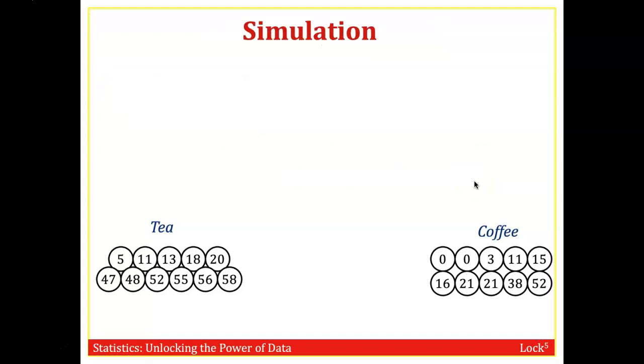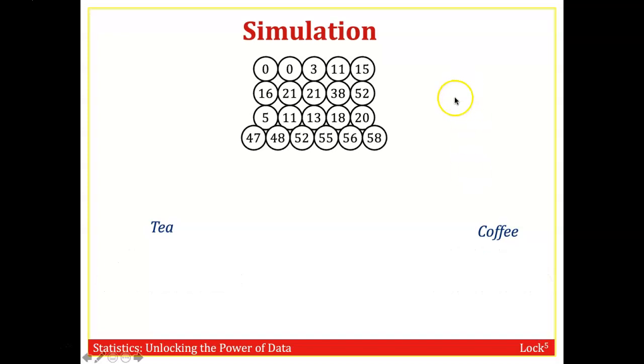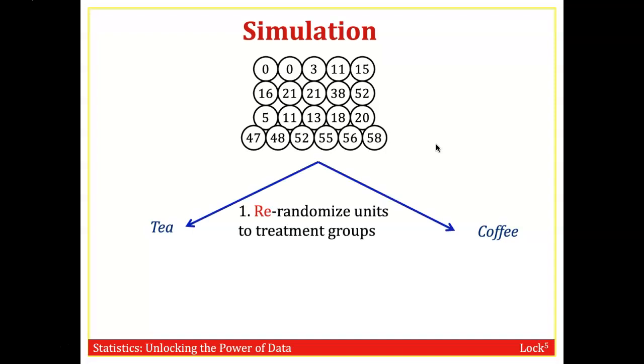All right, so let's think about how we would do a simulation. We're going to take these observed values and pool them together. So we've got a pile of response values, and now we're going to repeat the randomization of the experiment many times. We take these values and randomly assign, or re-randomize, to treatment groups.